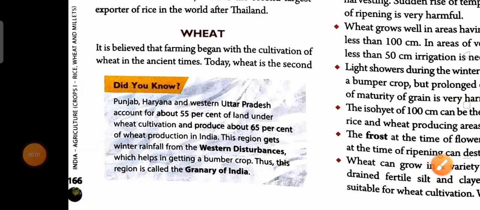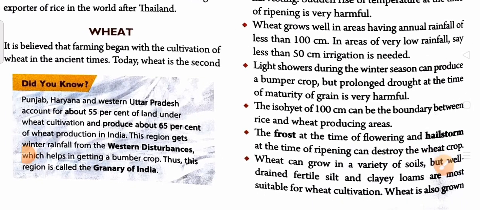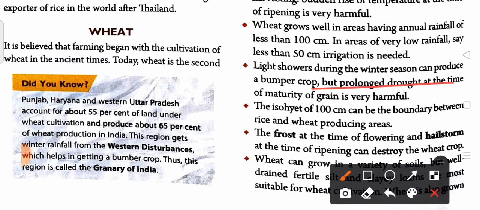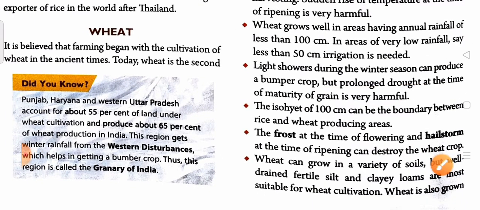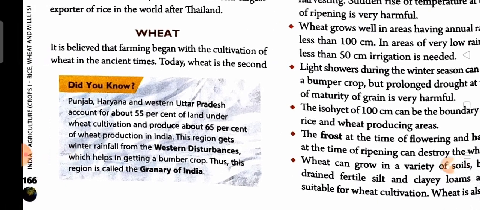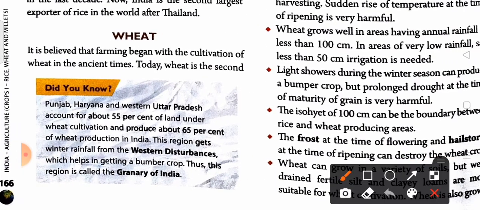But prolonged drought at the time of maturity of grains is very harmful. So here we see that not more and not less rainfall is needed. Only 50 centimeter of irrigation is needed, but if there is more rainfall or less rainfall, both cause harm to the crop.